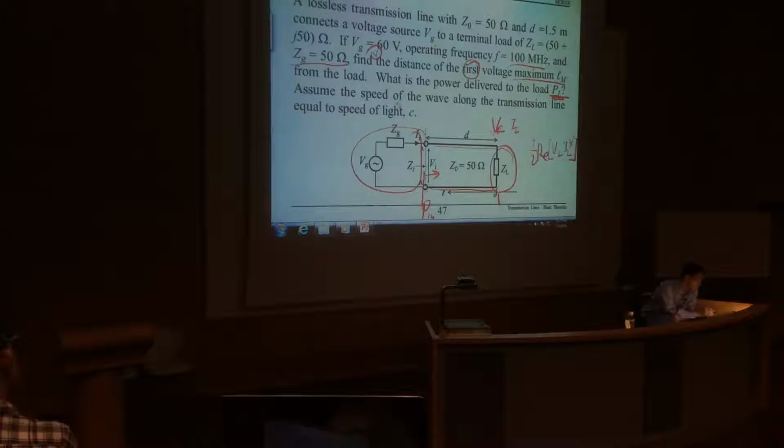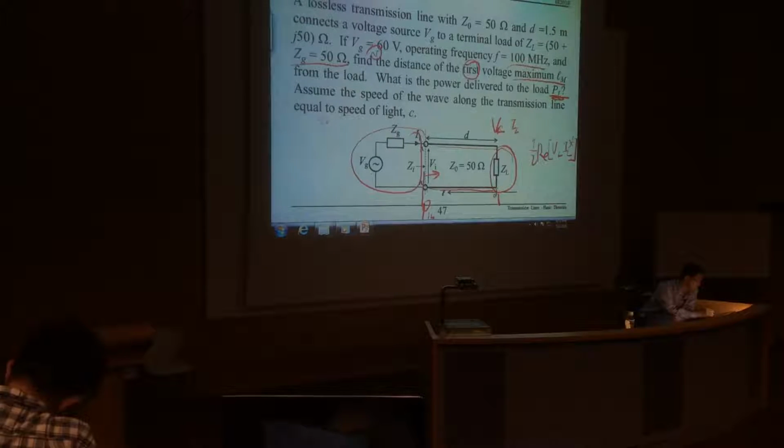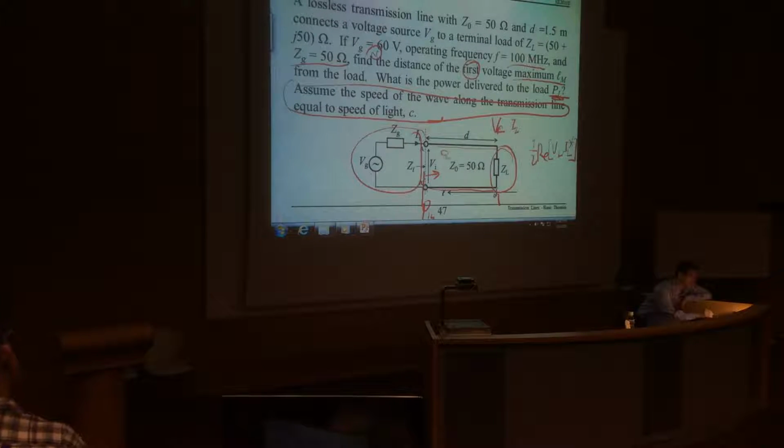Assume the speed of the wave along the transmission line is equal to the speed of light. What does this sentence mean? It means that the dielectric permittivity epsilon R inside this transmission line is equal to 1.